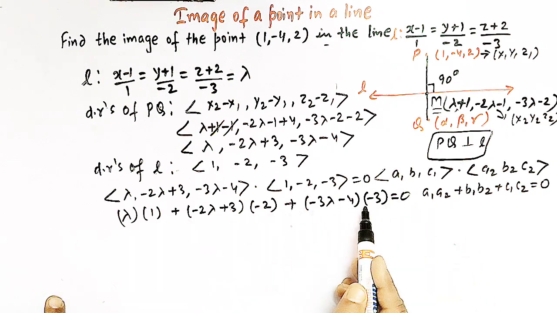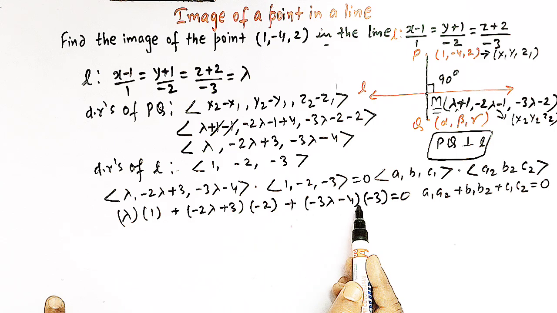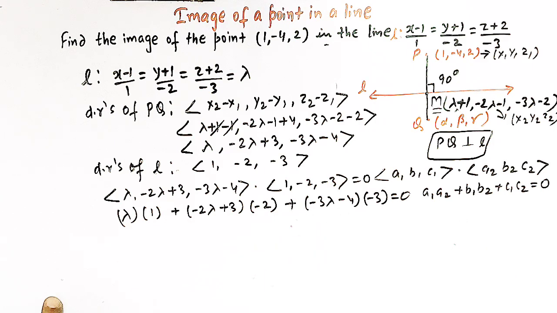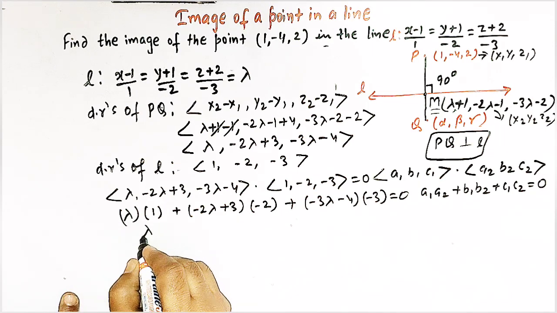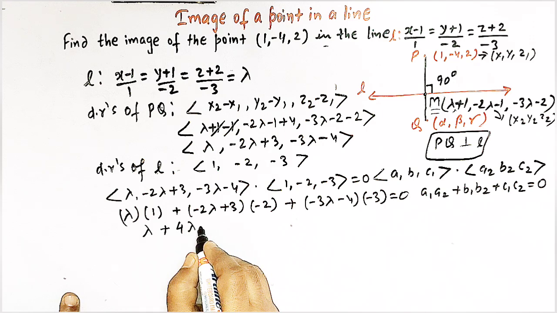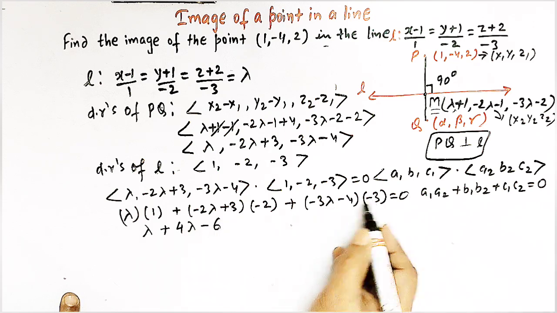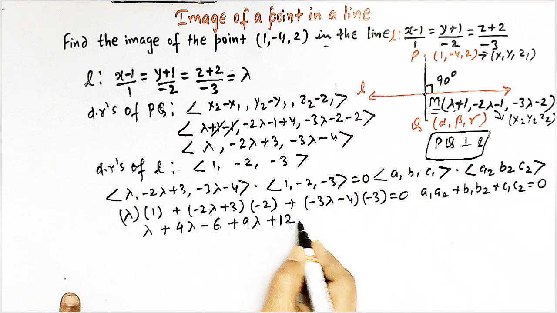So now this is a linear equation in lambda, and let us solve this equation to get the value of lambda. So now we have here lambda, and here we have plus 4 lambda minus 6, and here we have plus 9 lambda plus 12.